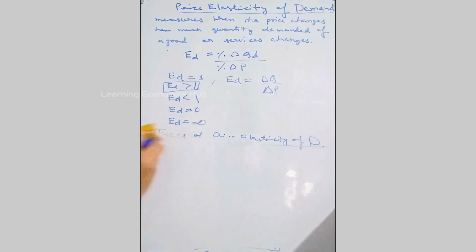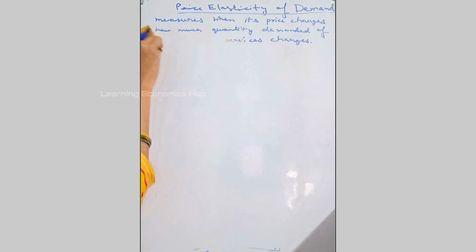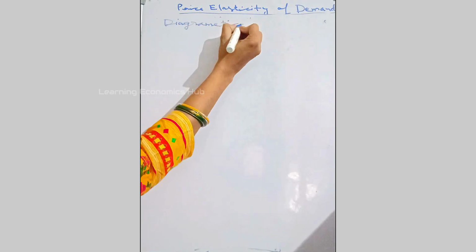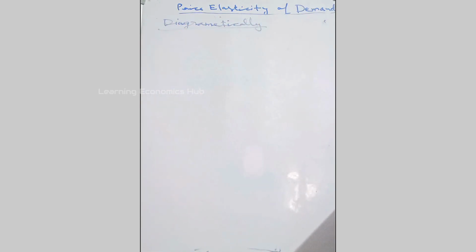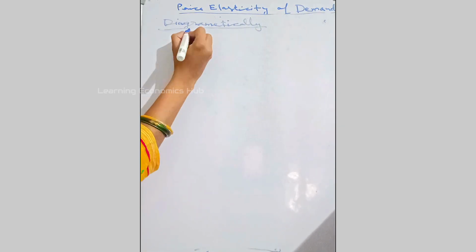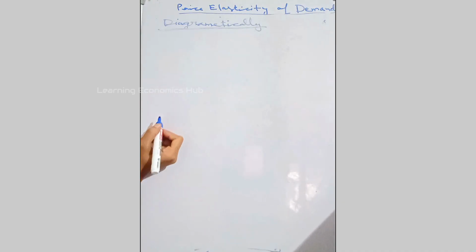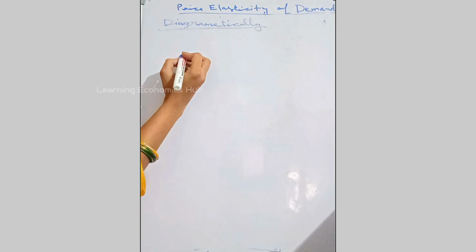The next type is elastic demand diagrammatically. Now we show elastic demand by diagram.